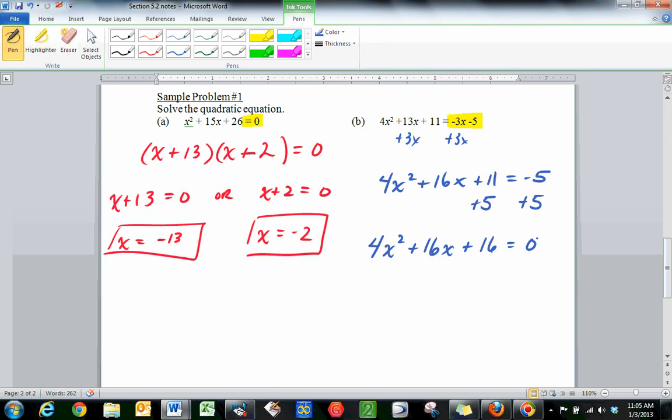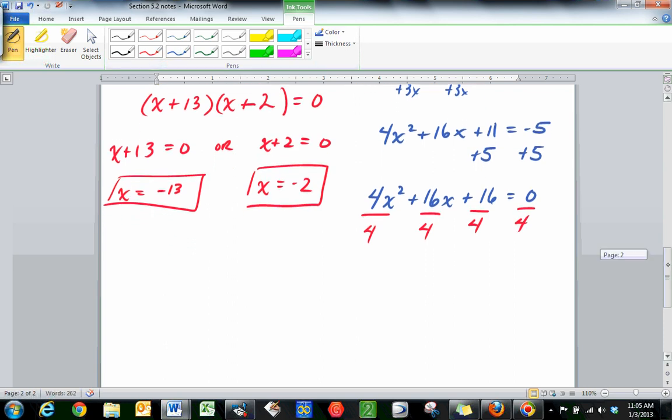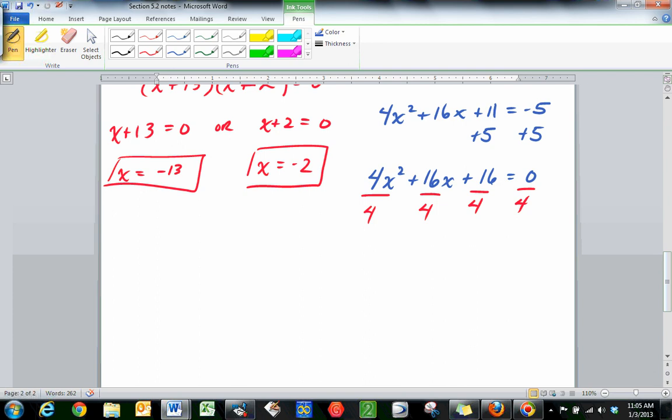However, since we are dealing with an equation, we can actually divide across the board by 4, which in essence eliminates the 4 from the whole process.